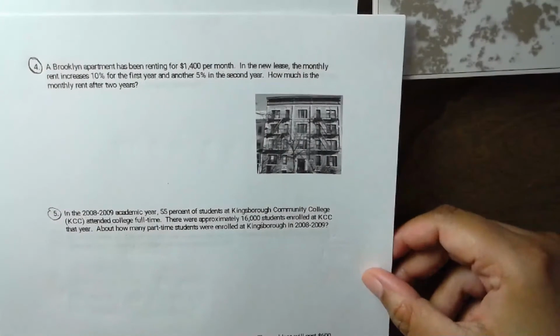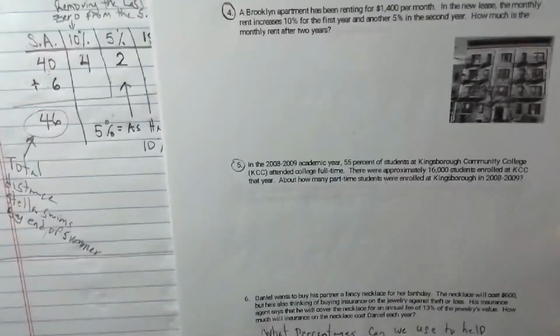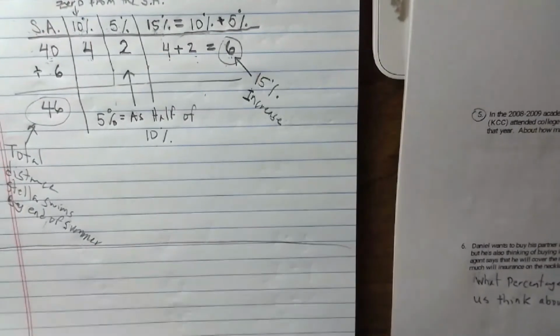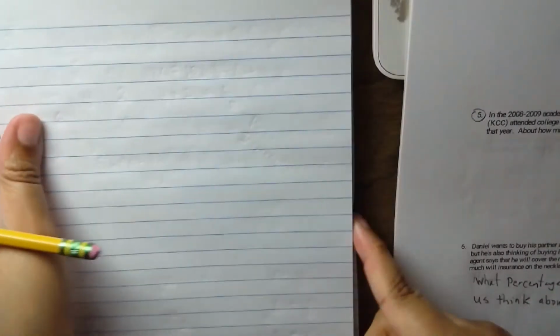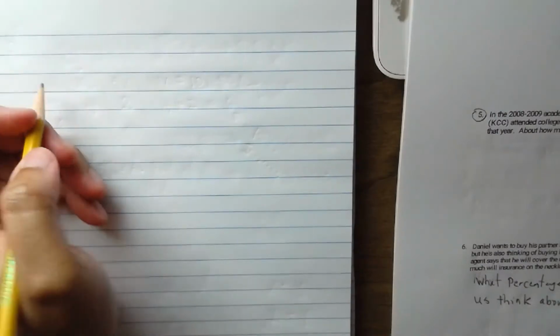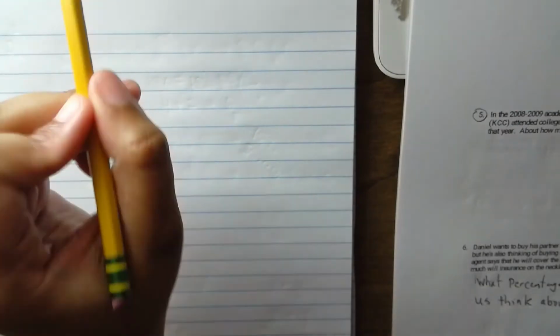Okay, so a nice approach, I think, since this is 1,400, we could do the benchmark method, but you could probably also do the out of every 100 method too. How many hundreds would be here? Okay, that's up to you how you want to do it.